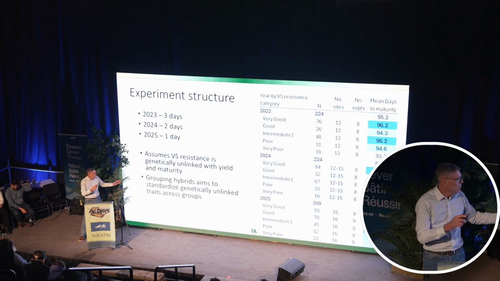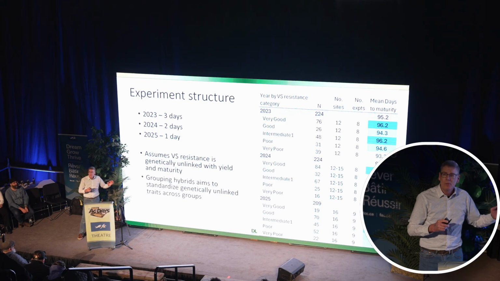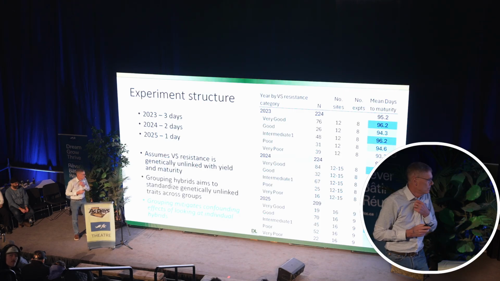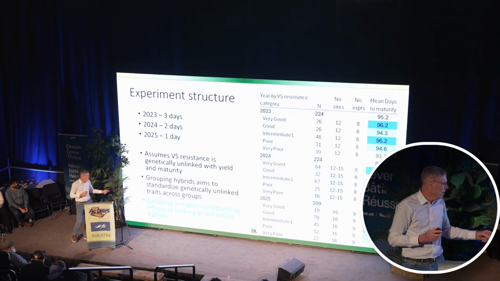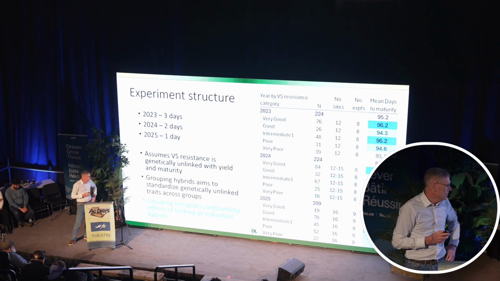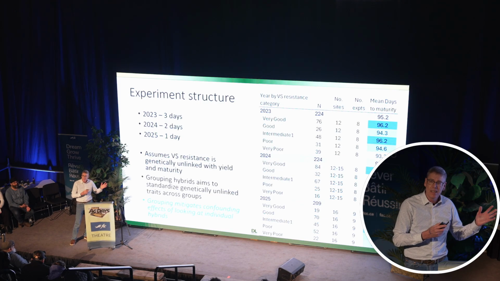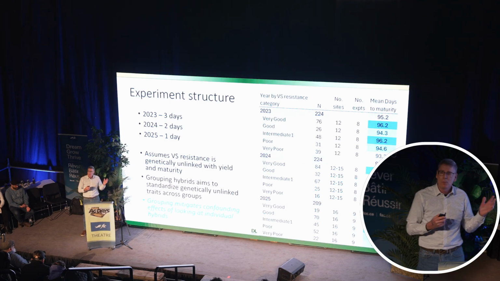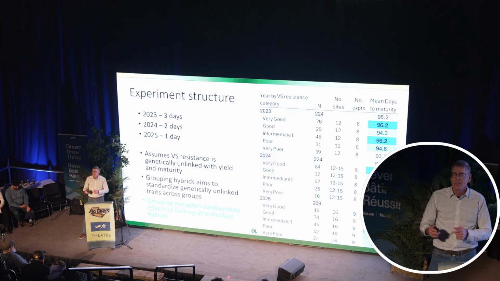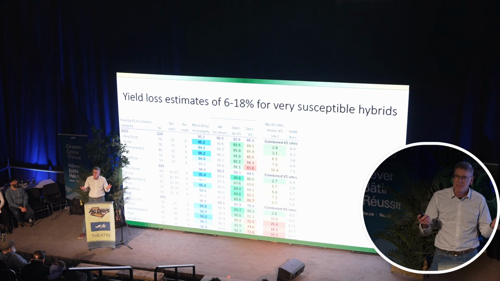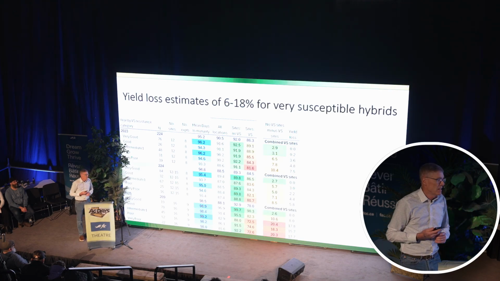And so then if we group the hybrids by their disease reaction, we've minimized anything that's not related to verticillium stripe. So it mitigates confounding effects when you look at an individual hybrid. If it's, for example, high yielding and susceptible versus a low yielding one that's resistant, if you look at them together, they look the same in a verticillium affected site. So you can't figure out what's going on in that situation.